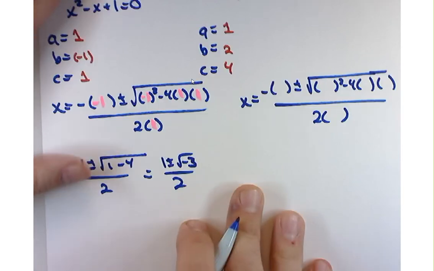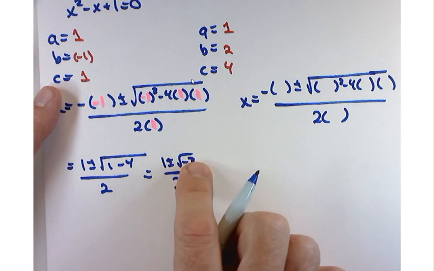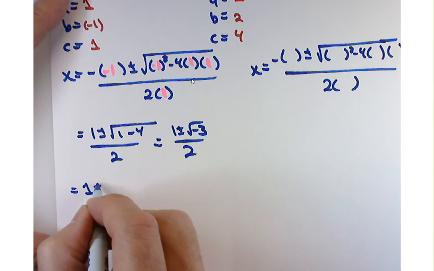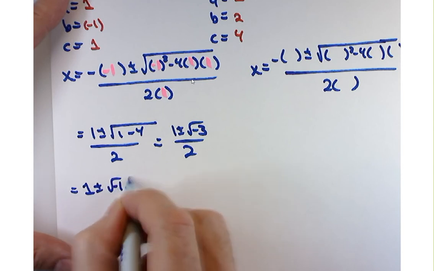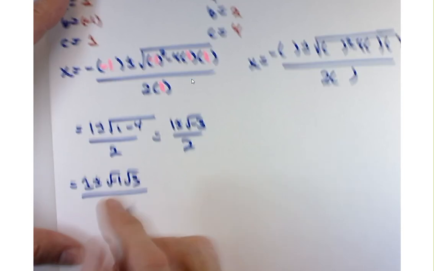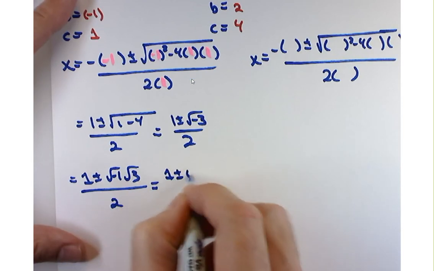If you end up with the square root of a negative number, get rid of that negative out from underneath the radical. And the way we're going to do that is we'll write that as square root of -1 times square root of 3, or as Reagan just said, i times the square root of 3.